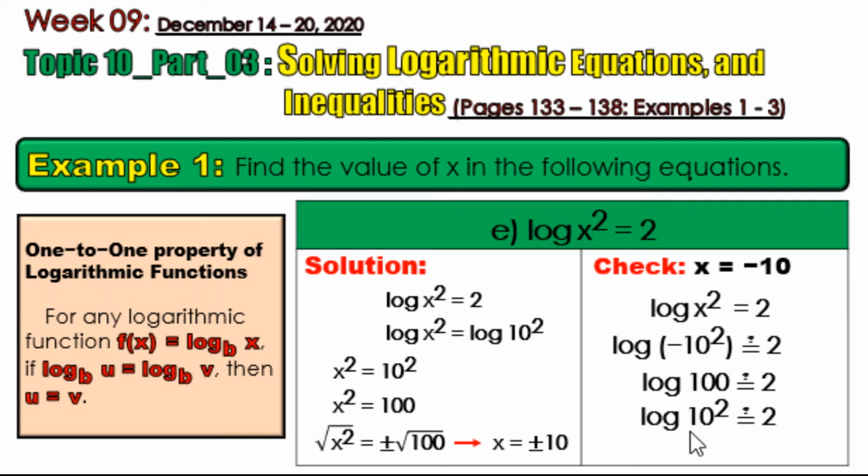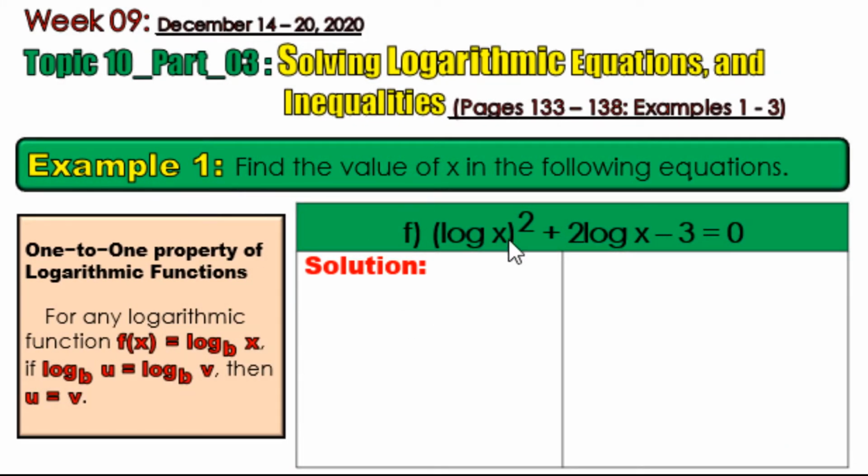Okay, and still applying the basic property of equality, the exponent of 10 is 2, therefore the value of this logarithm is 2. So 2 is equal to 2, so therefore negative 10 is also the value of our x, and therefore we can conclude that the values of x are positive 10 and negative 10. So for example 1, letter E, we have two values of x, positive 10 and negative 10.